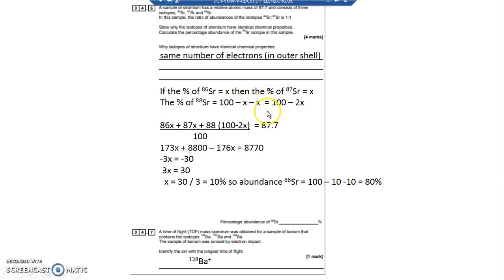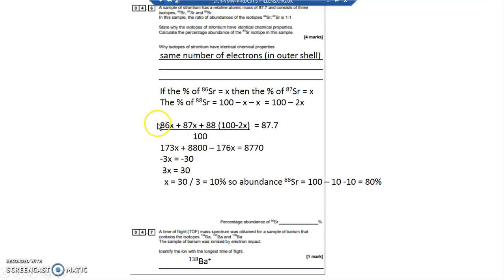Now we imagine that we have 100 particles, and out of the 100 particles, X number of particles would have a mass of 86. X number of particles would have a mass of 87, and 100 take away 2X would be the number of particles that have a mass of 88.